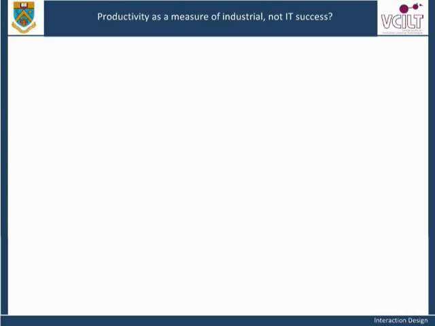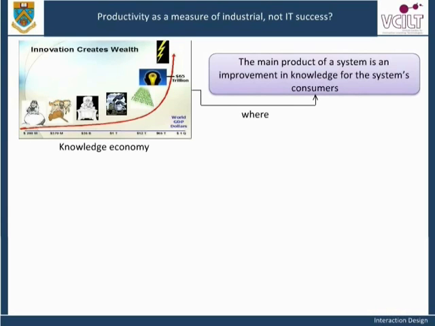Systems that have a considerable IT component typically generate products and advantages that are much less easy to quantify than numbers of widgets in boxes. There has been much recent comment on the emergence of a knowledge economy, where the main product of a system is an improvement in knowledge for the system's consumers.